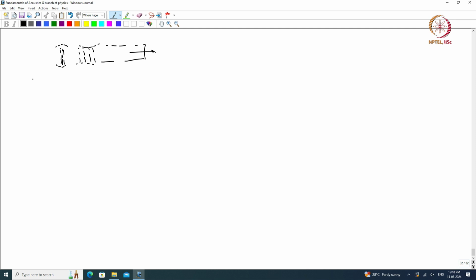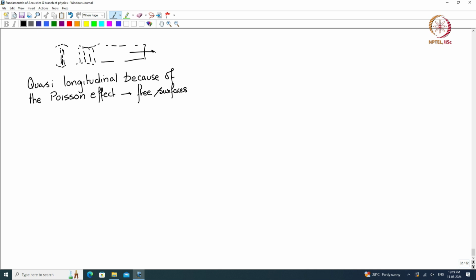Now some people want to call this the quasi longitudinal wave, because of the Poisson effect, which is due to the free surfaces and small transverse dimensions.